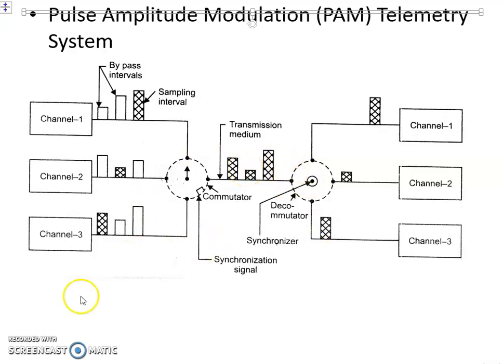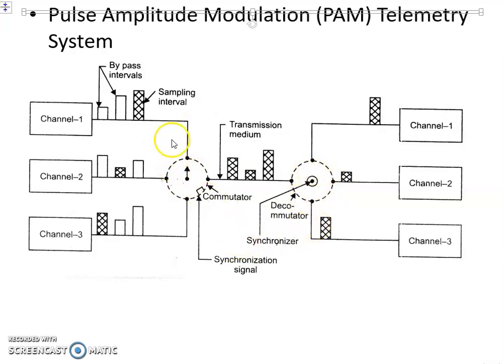So this is the basic block diagram of the PAM telemetry system. Here all the channels use the same frequency band of the allotted frequency spectrum, but at different instants of time. In this case, there is a commutator and a decommutator.